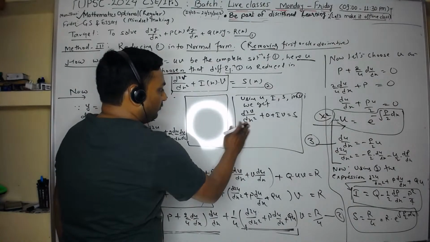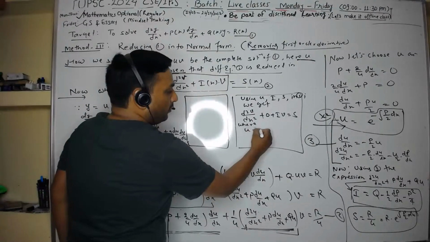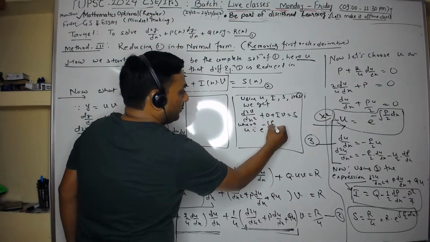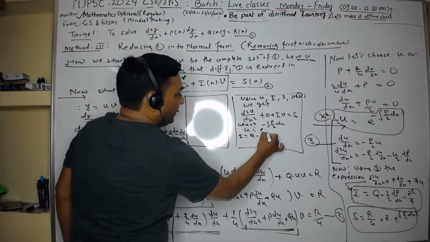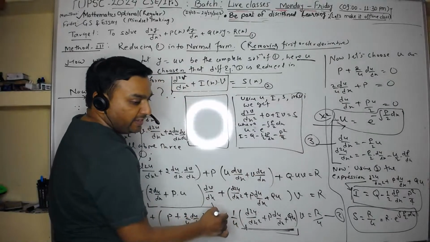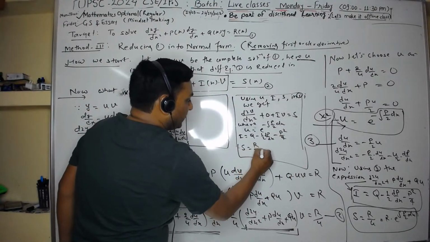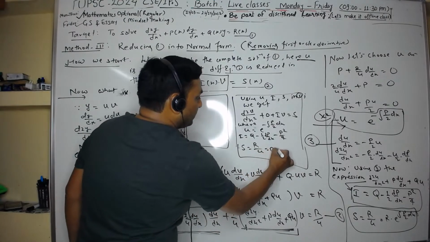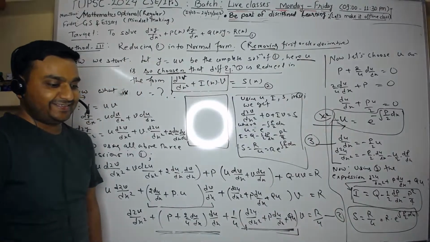So this is nothing, where u is what? E raised to the power p/2 dx. I is what? Q minus 1 upon 2 dp over dx minus p square by 4. What is r? What is s? That is r upon u, or you can say r exponential p/2 dx.